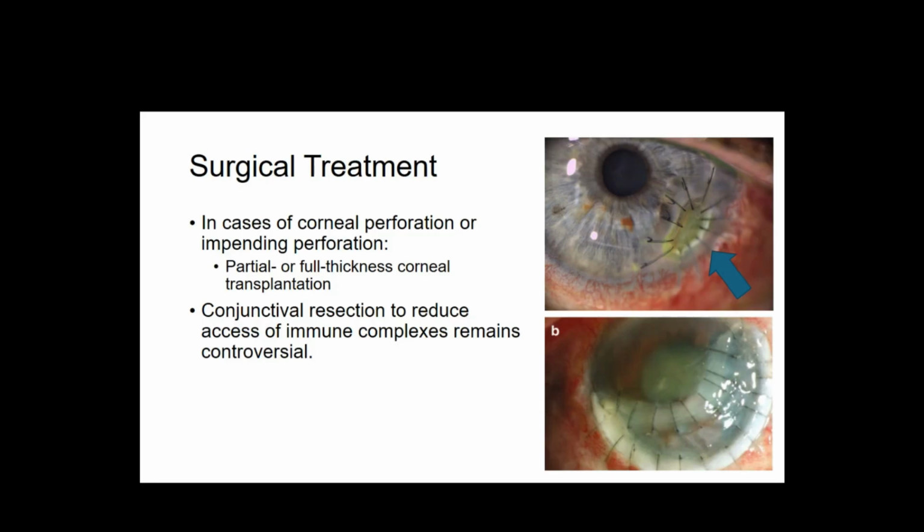And it has been shown to be effective, but we have not used it in all cases, I have to say, because the bare sclera itself is something we are afraid of, because we are also afraid of scleral melting in these patients. So it's mixed. The use of conjunctival resection is not very common in our clinic.